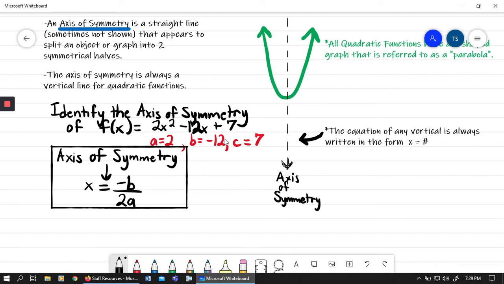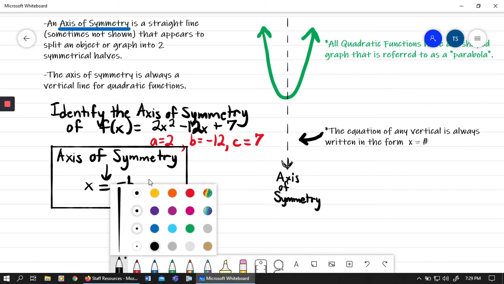The opposite sign here would be positive 12.